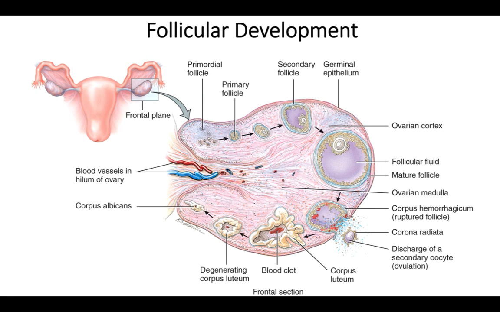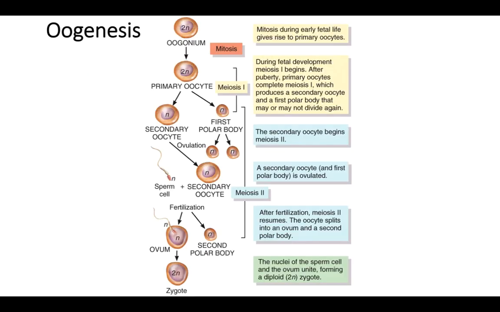So when we refer to follicular development, we're referring to this progress that these follicles take from primordial, primary, secondary, then the mature follicle, again, one of those per cycle, then it ovulates, and then it forms the corpus luteum and then corpus albicans.